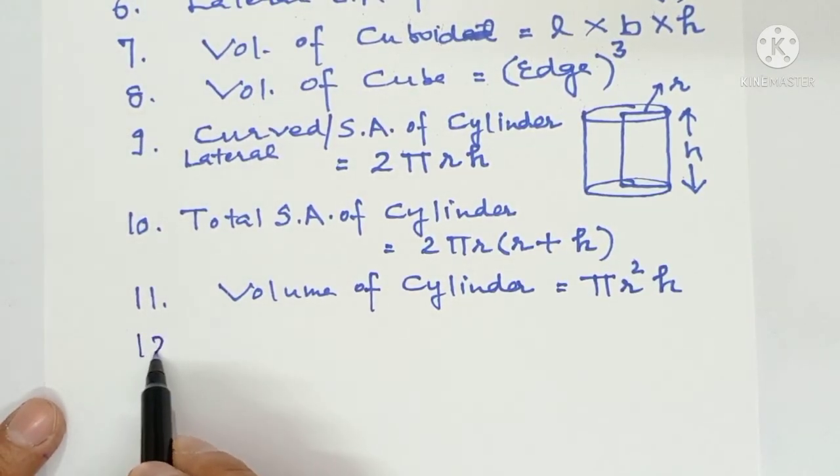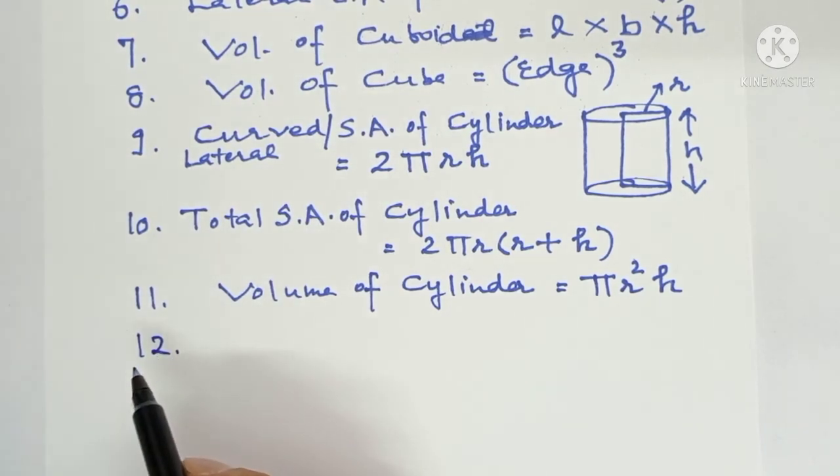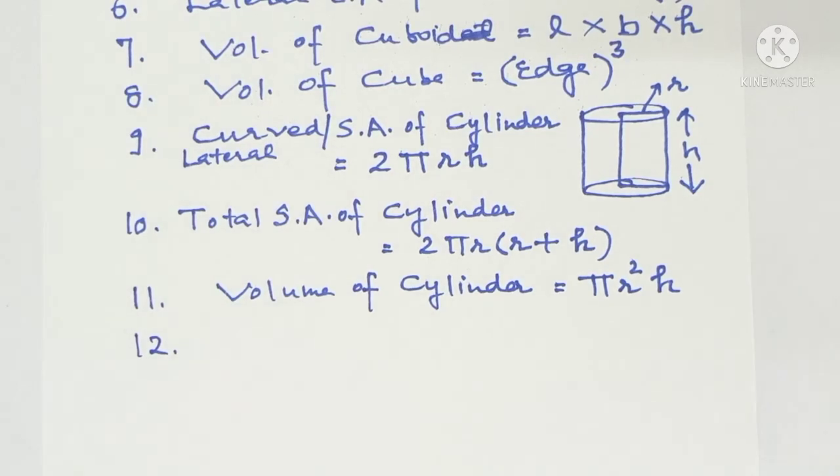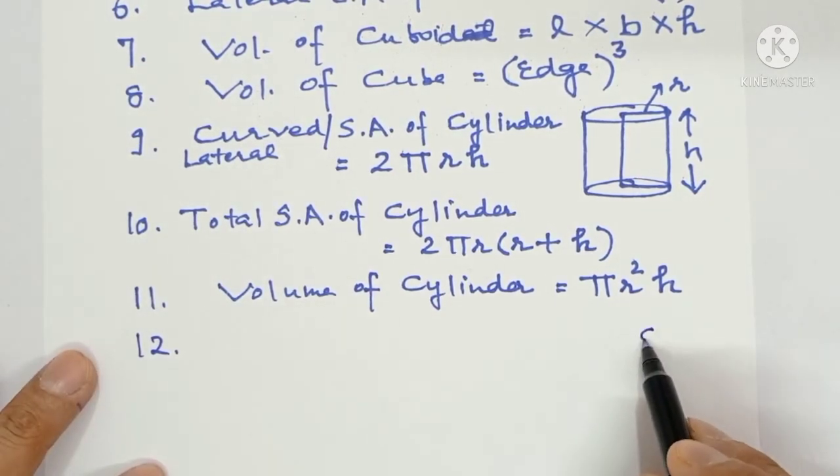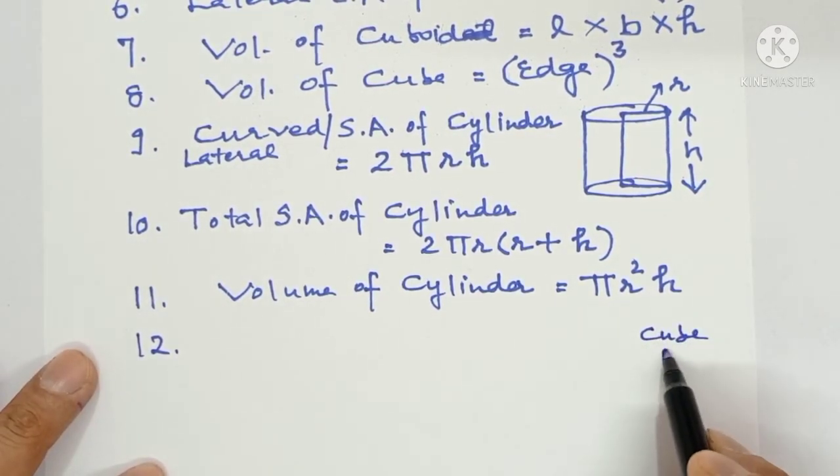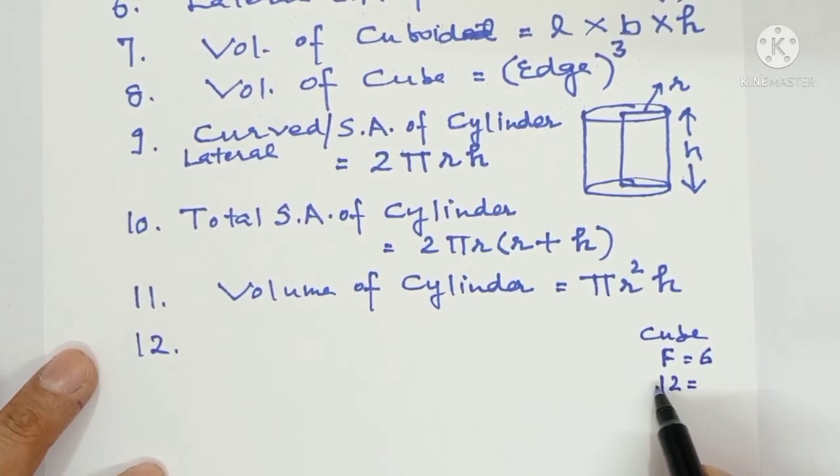Now 12th. Now suppose you have a cube. So cube has 6 faces, 12 edges, and 8 vertices.